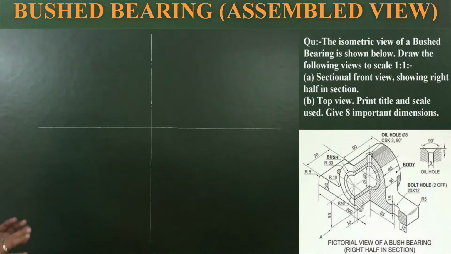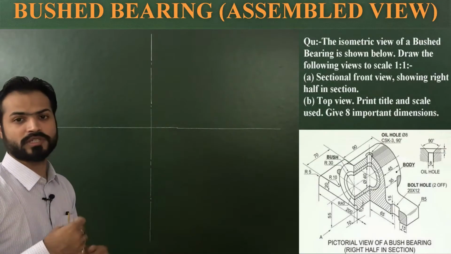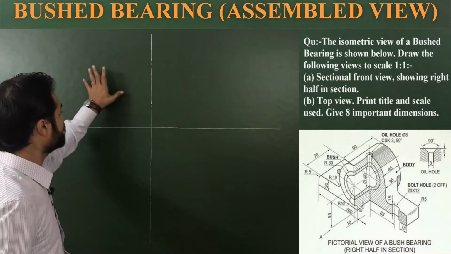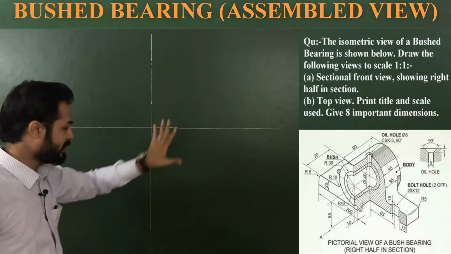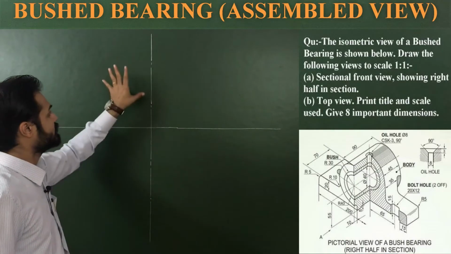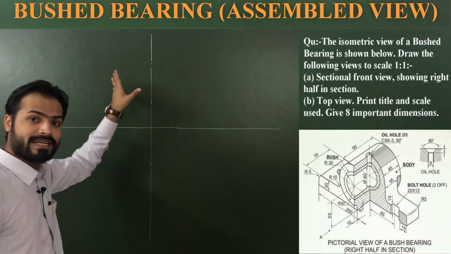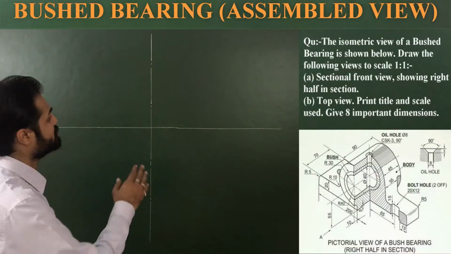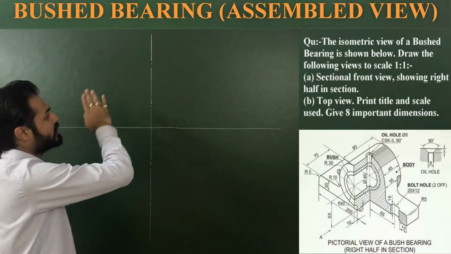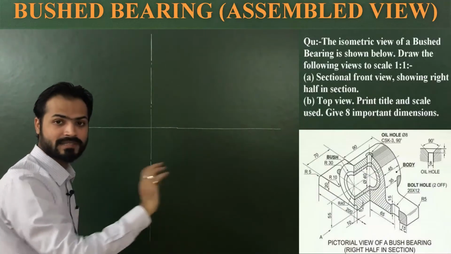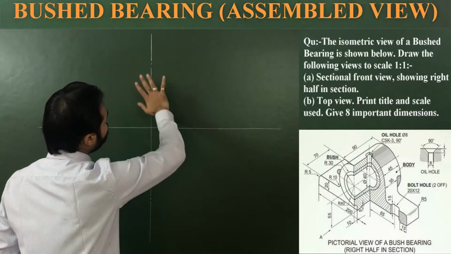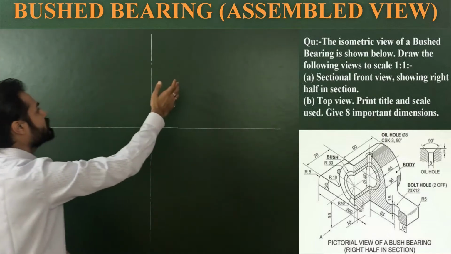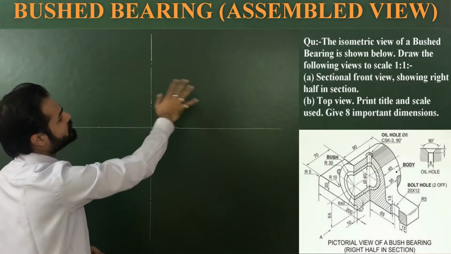Now first of all, what to do? In these problems we have 2 methods or 2 options. First, we can draw the complete front view and complete top view with light pencil, and then as per instruction, for right half in section or left half in section, after observing the assembly or given view, we can rectify things and use dark pencil for final work.